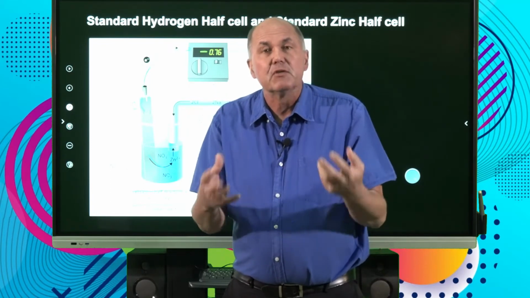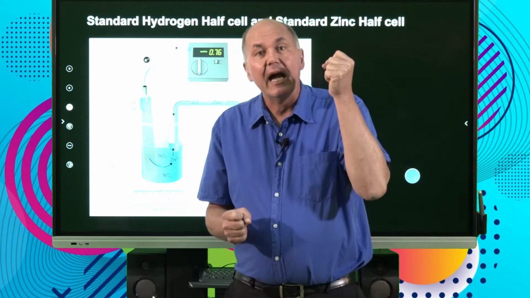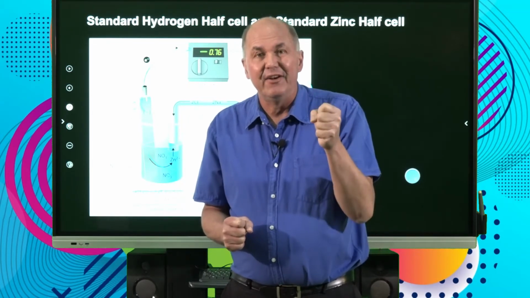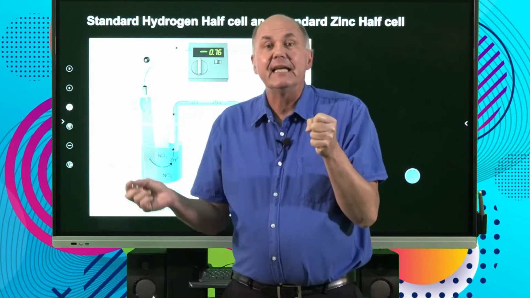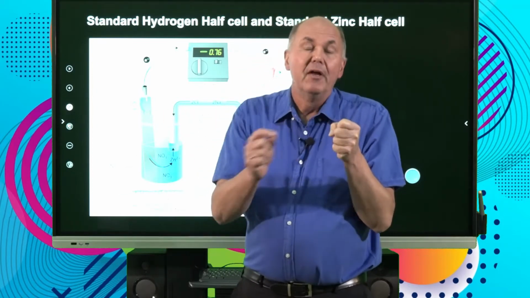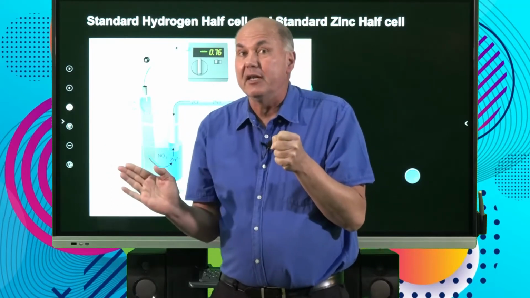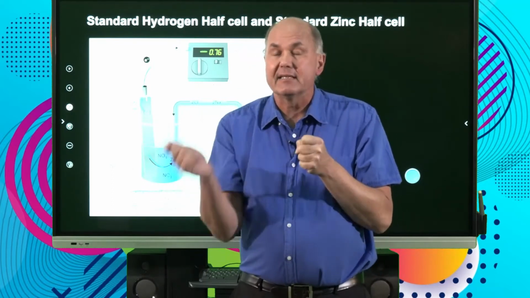When the chemists first did this, they said, let's pretend that the hydrogen electrode will always be the anode. And they'll connect it to the voltmeter, expecting electrons to come from the hydrogen electrode. So when we get a negative reading, it's telling us the opposite half cell is giving us the electrons.